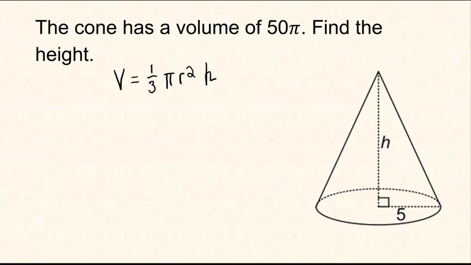Now I'm going to insert the values that I know. I know that the volume of my cone is 50 pi, so I will replace V with 50 pi. The 1/3 pi comes down, and now I'm going to substitute the radius, or r, with 5. So I have 5 squared here, and I am looking for the height.